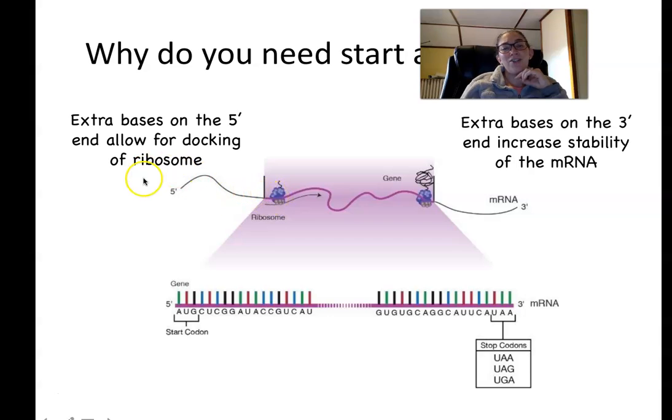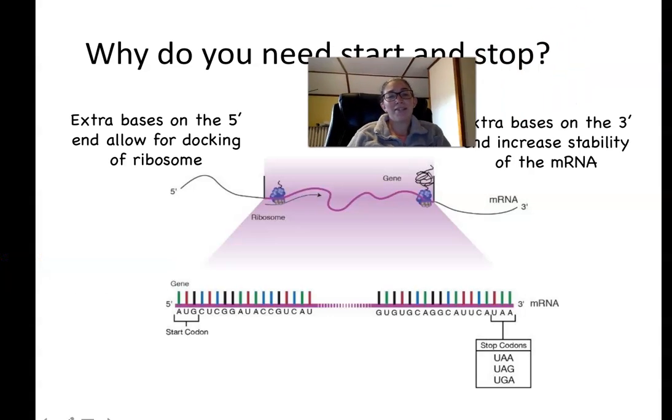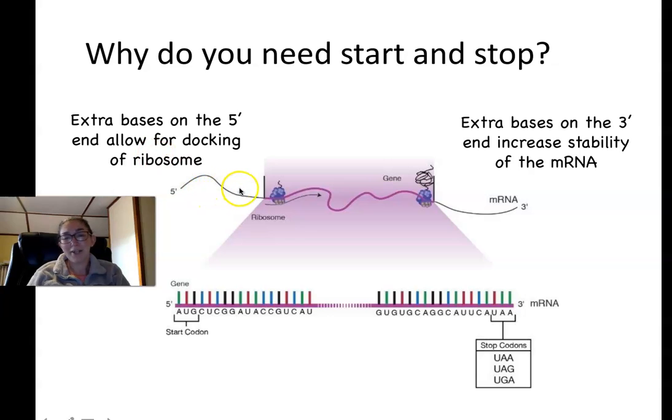So there's extra nucleotides on either end of the code of the mRNA, because the ribosome just needs space to dock and then needs space to fall off after it's done reading. So that's why we need a start codon and a stop codon. You need it to tell the ribosome where to start and where to stop, because it needs a little bit of room to land first before it starts.